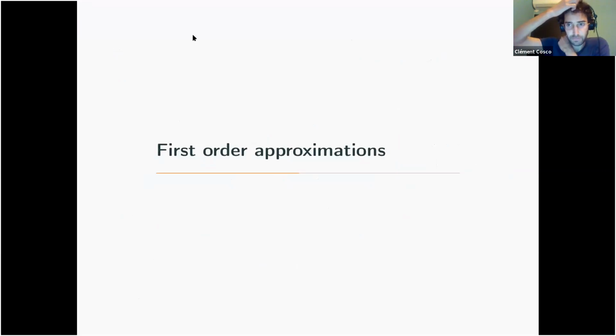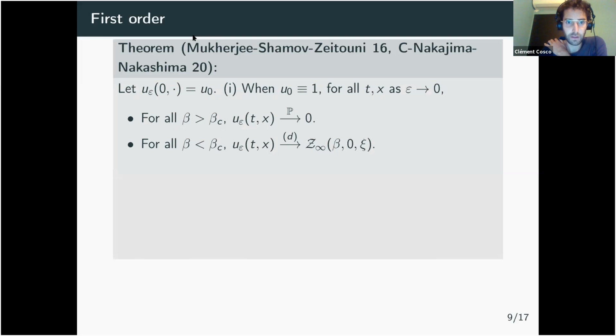So what does this imply on the polymer, on the SHE and KPZ equation itself? What was first shown by Mukherjee, Shamov, and Zeitouni is that, recall that we have just seen that u epsilon has the same distribution as the polymer partition function at time epsilon to the minus 2 t.